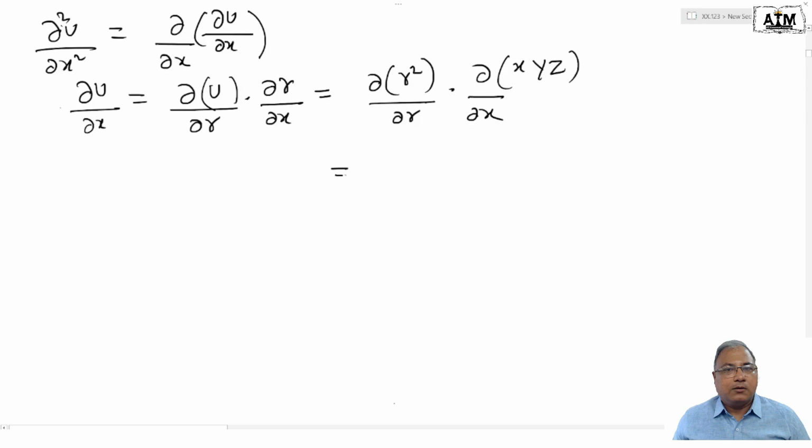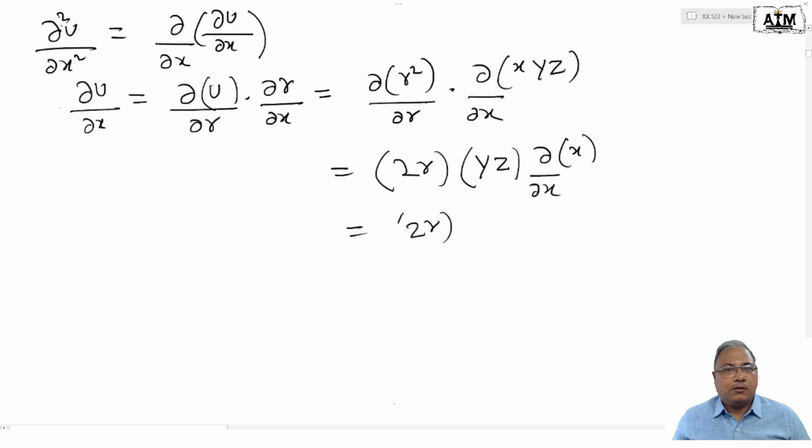So this equals 2r, and here y and z are constant, so I have taken them outside of the operation. Then the partial derivative of x with respect to x is 1, so it equals 2r yz multiplied by 1, that is 2ryz.